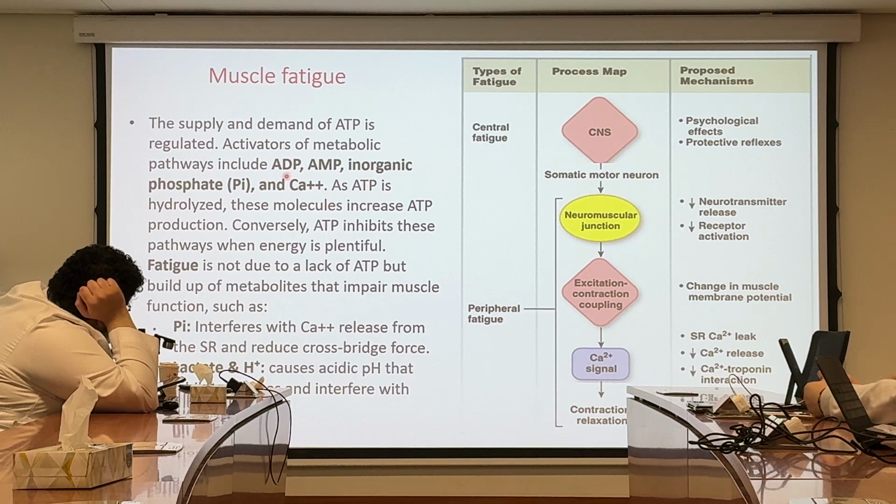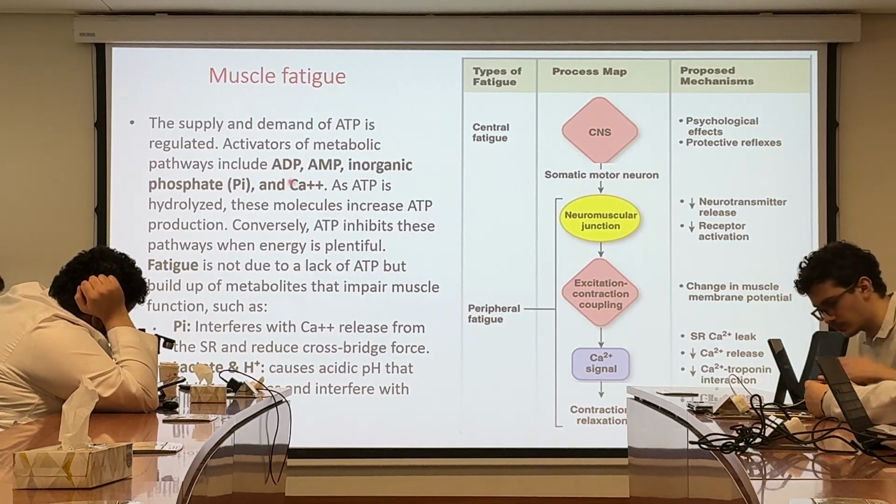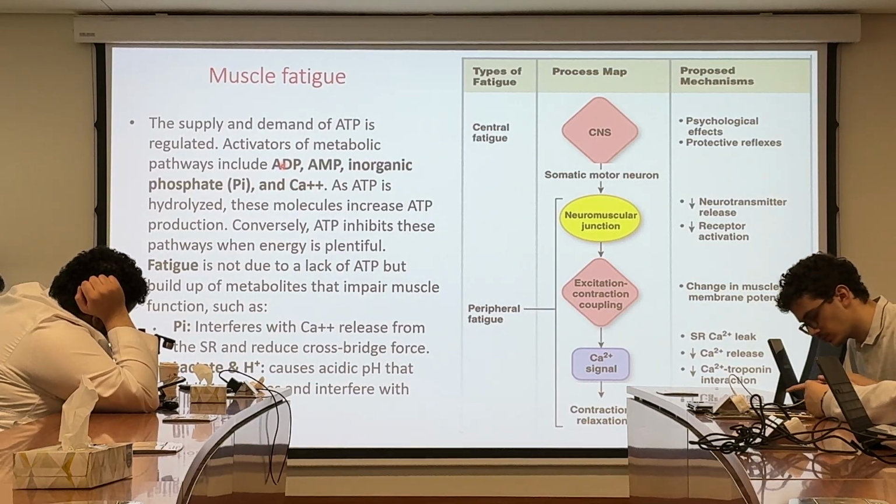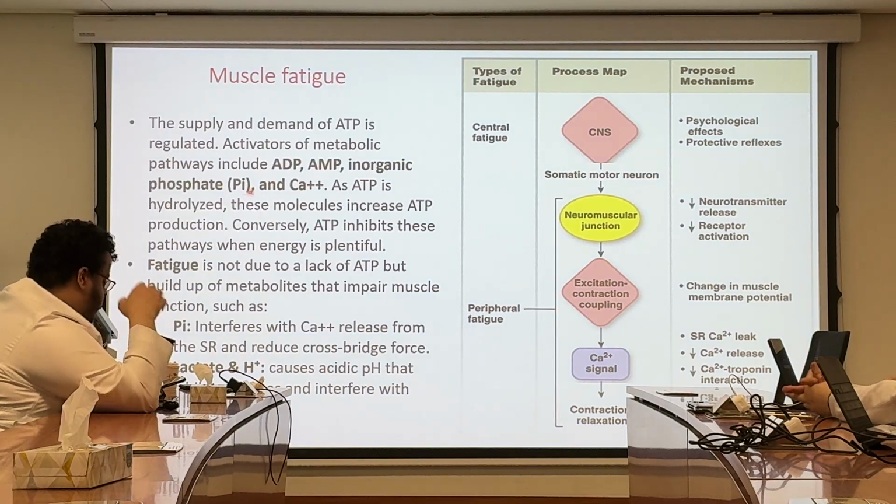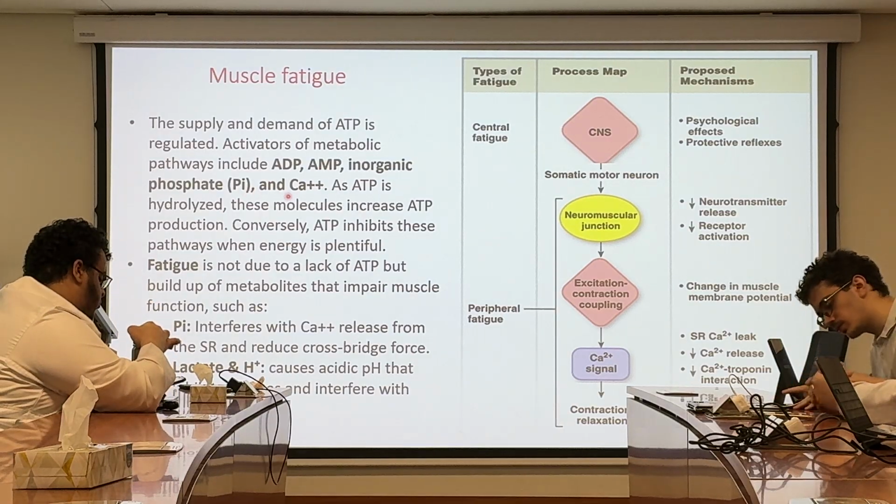You build up. So there has to be metabolic pathways to give you more ATP. So you start building up these metabolites, ADP. ATP gives you ADP, or AMP if you're removing one more molecule of Pi. Inorganic phosphate, Pi, builds up, and calcium.